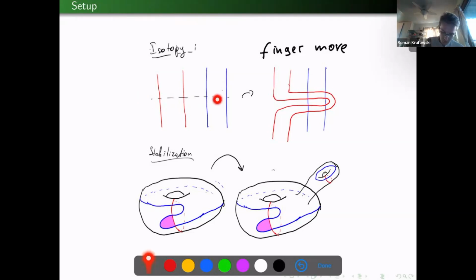We draw some dashed curve here, and then one can think that we poke a finger along this dashed curve, and this is the picture where we arrive. We move all alpha curves and leave beta curves untouched. The empty stabilization is adding, or increasing the genus of the surface by one, but making sure that it happens away from a domain. So here is a domain, and here a new handle, at some distance away from the given domain.